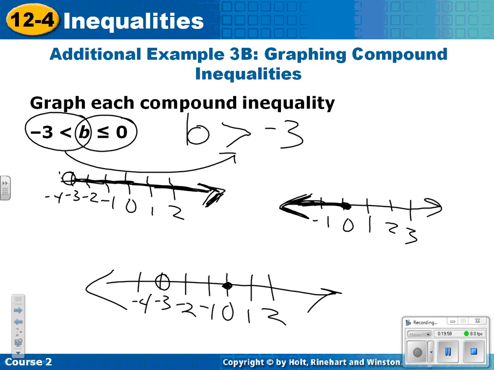That would mean that would include everything. But it doesn't. When you have inequalities that come at each other like this, all you do is highlight what's in between and not the arrow.